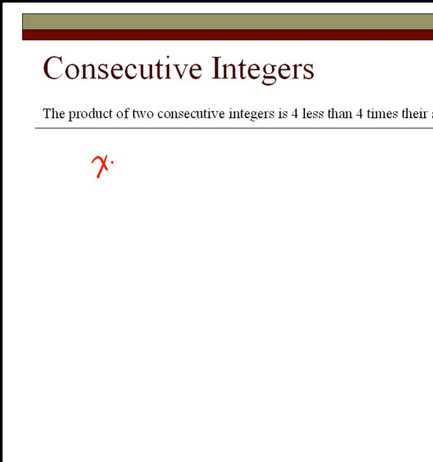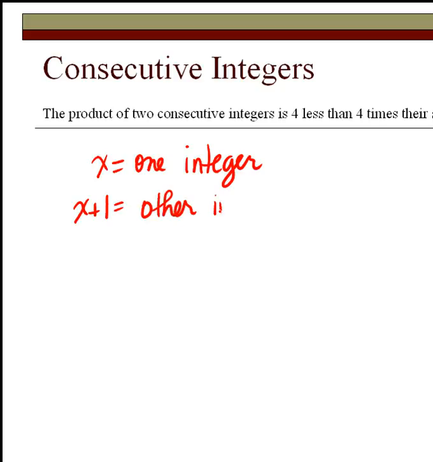The first thing we need to do is set up variables. We always let x be one of our unknowns, so it's going to be one of the integers. The next consecutive one is going to be x plus 1. If I think about 3, 4, and 5, how do I go from 3 to 4? I have to add 1 to it. Now, the key to this problem is using translations to set it up.